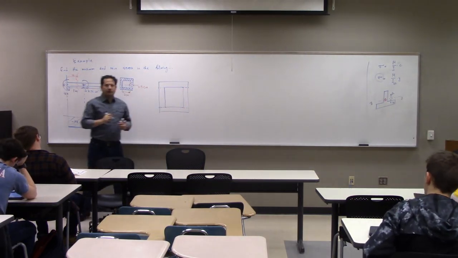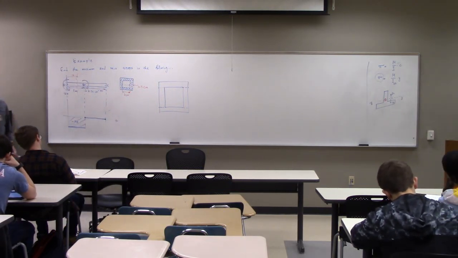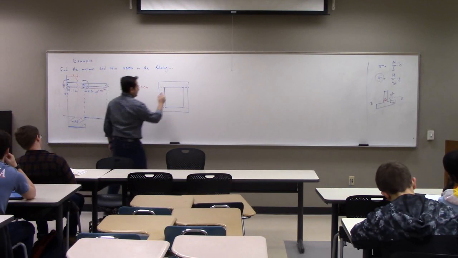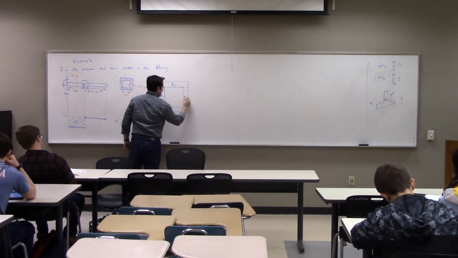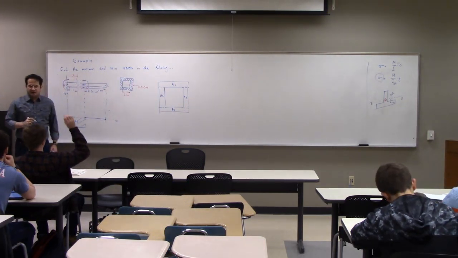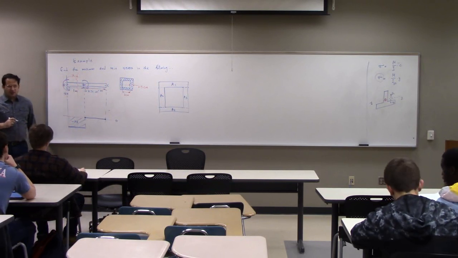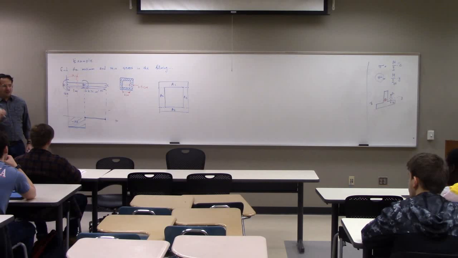You can do it in a variety of different ways. What I do is I cut it into A1, A2, A3, A4. What else can I do? You could take the inertia of the smaller shape and subtract it from the inertia of the larger shape. That's one way you can do it.